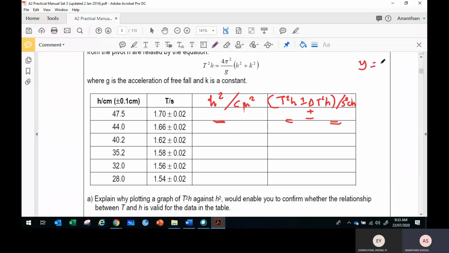So y equals t squared h, to form the equation. So change of y over y, write your uncertainty formula: 2 changes of t over t plus changes of h over h.